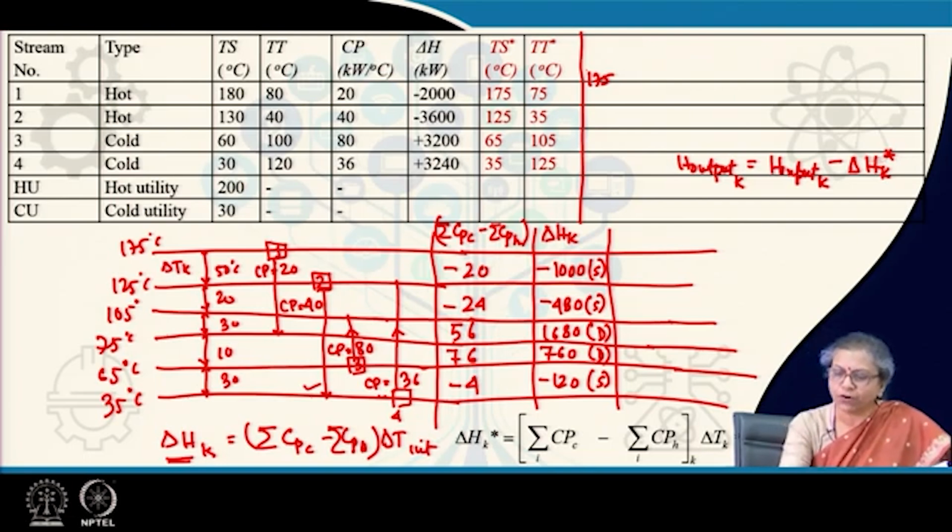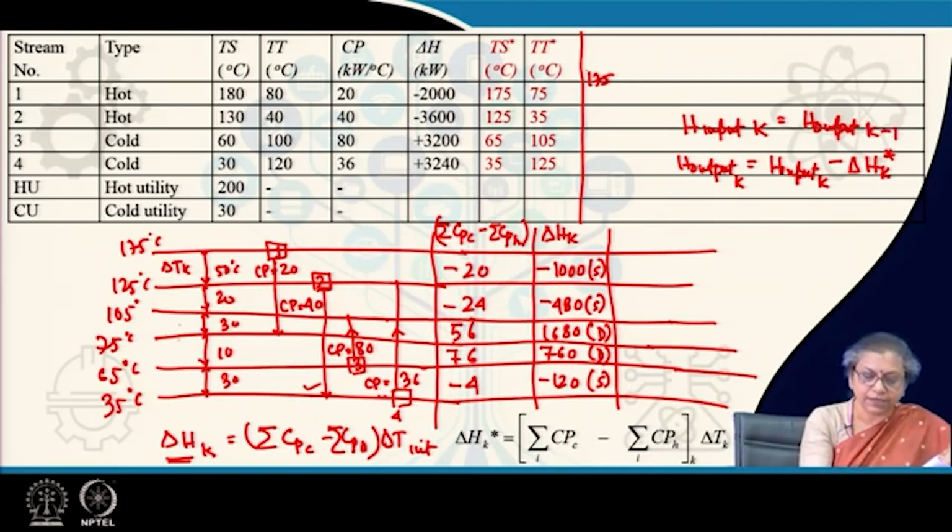So, for each particular cascade, the H input for the cascade is equal to the H output from just the upper cascade.